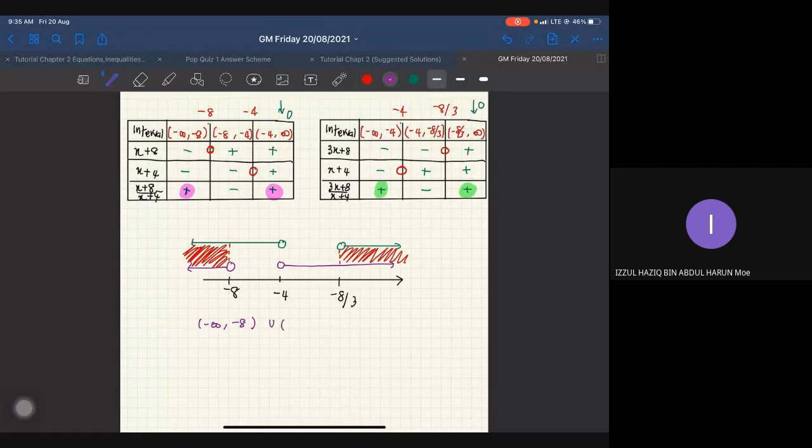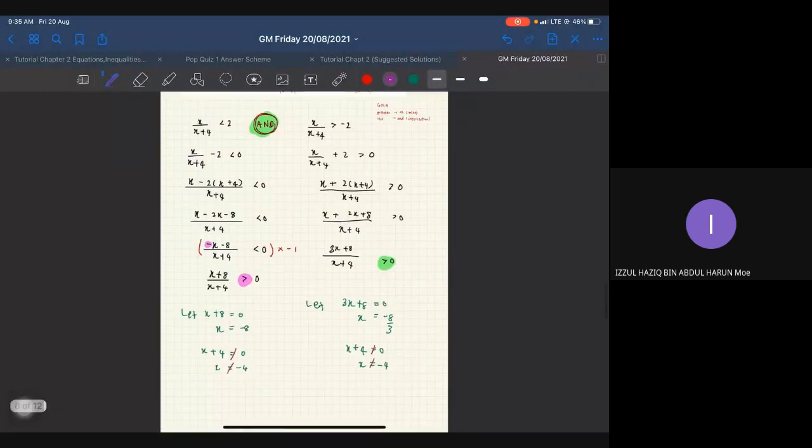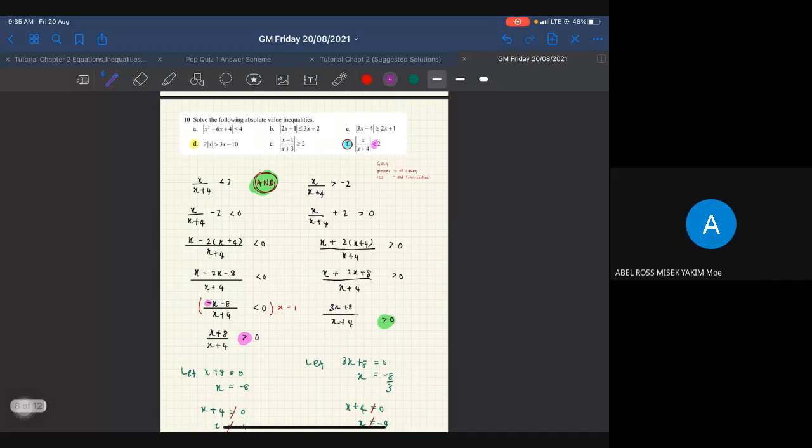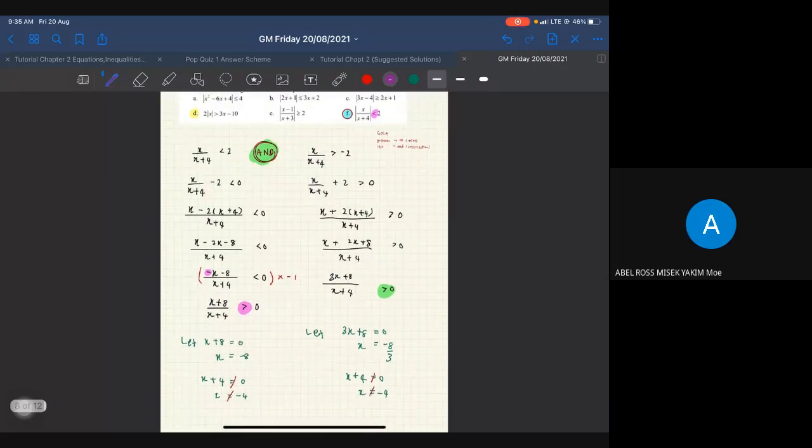Pelik ni jawapan. Jawapan dia pelik. Saya rasa salah kira lagi. Okay, tapi lebih kurang macam ni lah. Saya ada salah kira sikit. Maybe dekat kita punya working atas tadi. But basically macam ni lah dia punya jalan kerja.